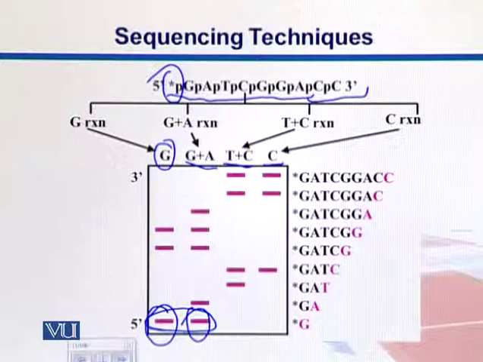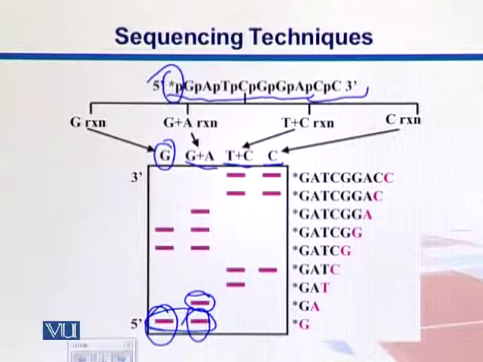So if there is no band in the G only reaction, then for sure it's adenine. So here for instance we see there is just one band in G plus A but no band in G. So it's kind of exclusion plus double evidence kind of reactions, where we can exclude one base, and then if we see that we have the band in both of them, then obviously we can take one of them.